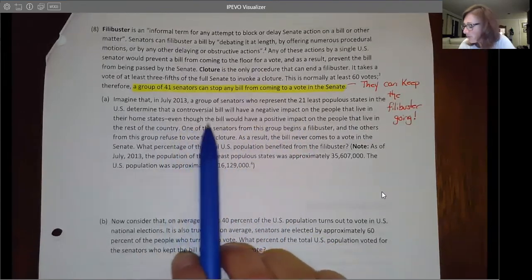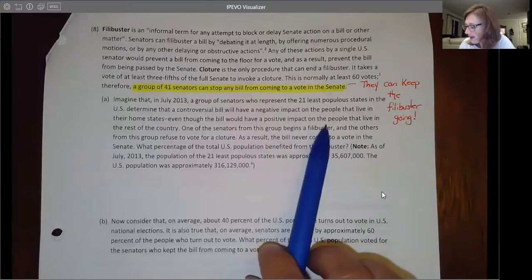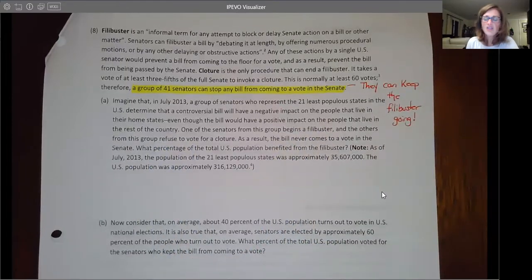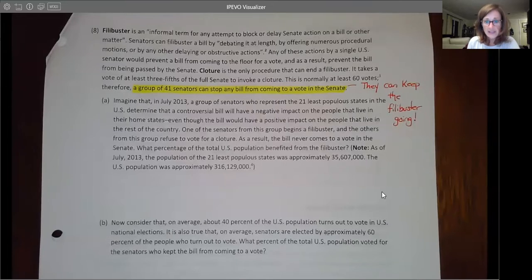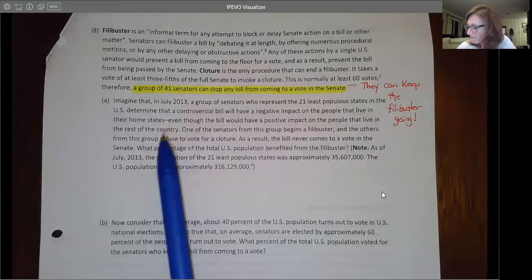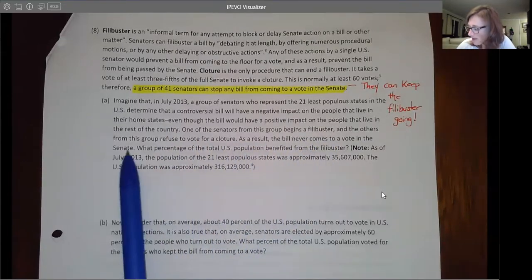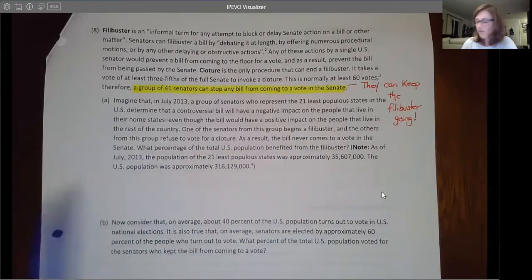Even though the bill would have a positive impact on the people that live in the rest of the country, these senators have to represent their states, and if this bill is not good for their states, they decided they don't want it to go to the floor. So one of the senators from this group begins a filibuster, and the others from this group refuse to vote for a cloture. They say, nope, we're not going to vote for this filibuster to stop.